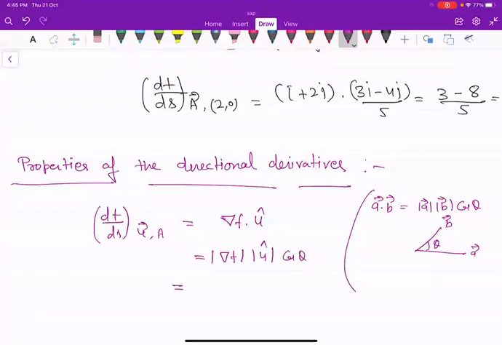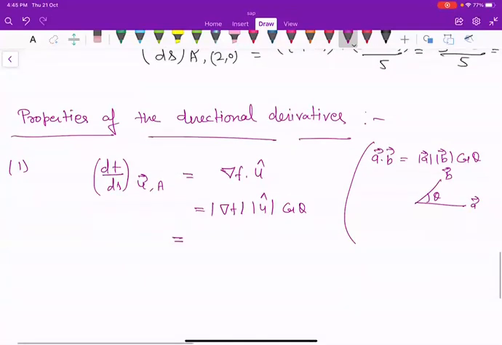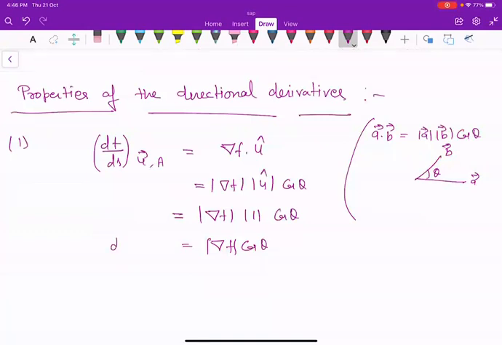It can be written as mod delta F, mod u hat, which is 1, cos theta. So delta F cos theta. So what it represents, df over ds is equivalent to mod delta F cos theta.